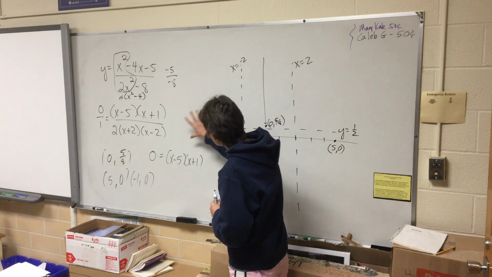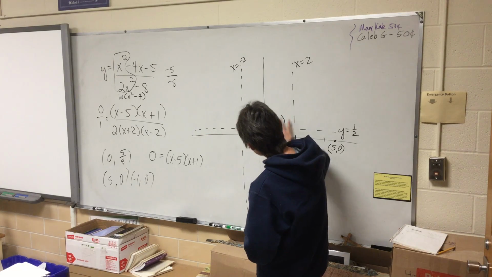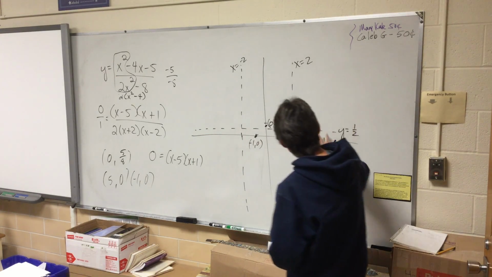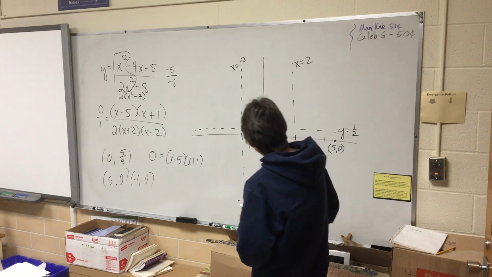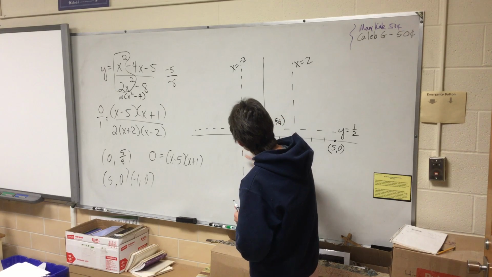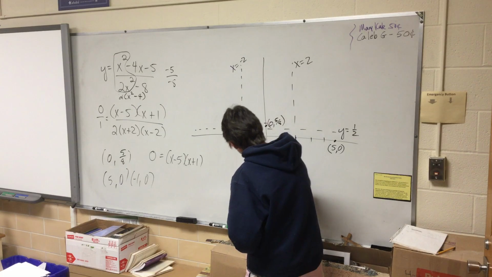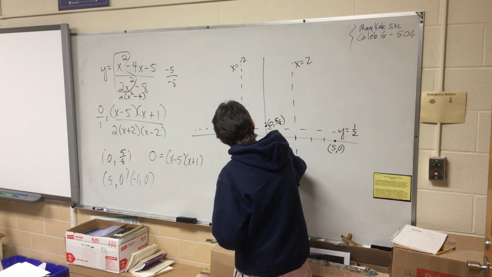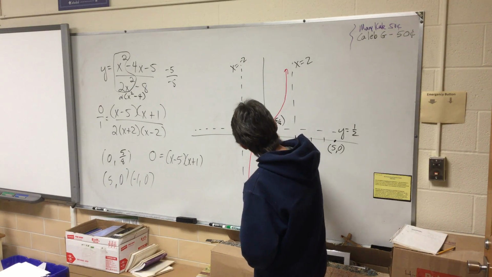You have the section over here on the left, you have the section in the middle, and then you have the section on the right. Now, these 2 points are both in the middle section, so they have to be connected. So when I connect those 2 points, that's the shape I'm going to get.